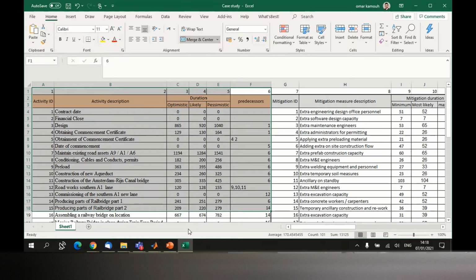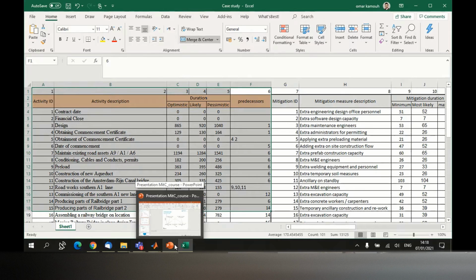And then within each run, when it doesn't make it on time, it mimics the behavior of the project manager. That means it will try to incorporate mitigation measures so that you get back on track. And of course, you will go for the measures that are cheap but have a big effect.